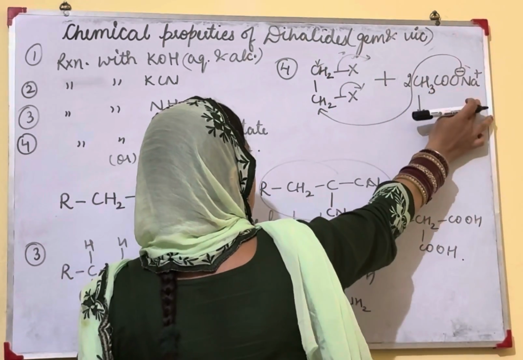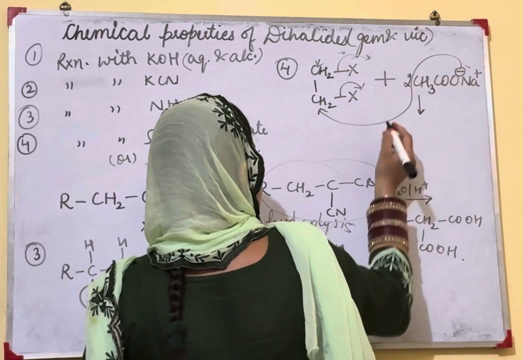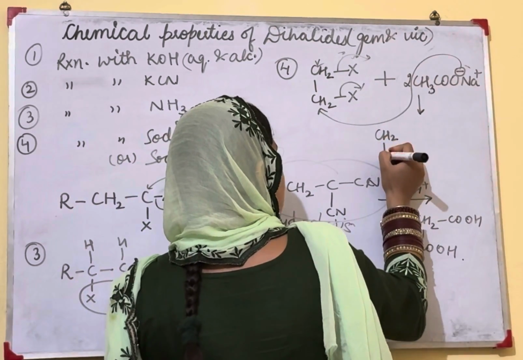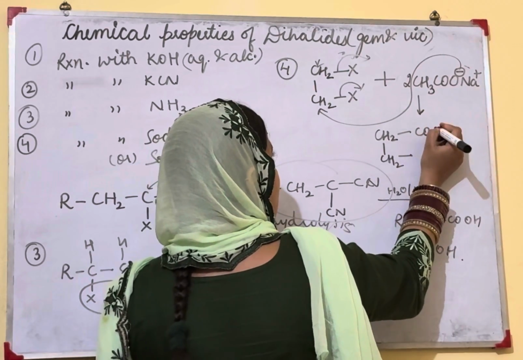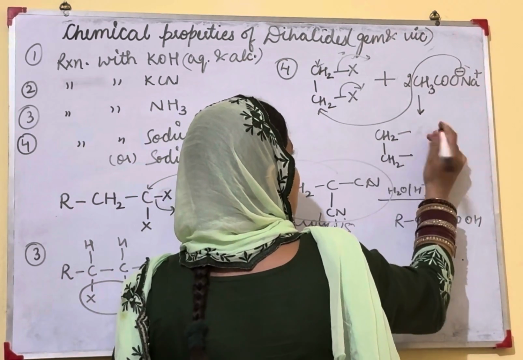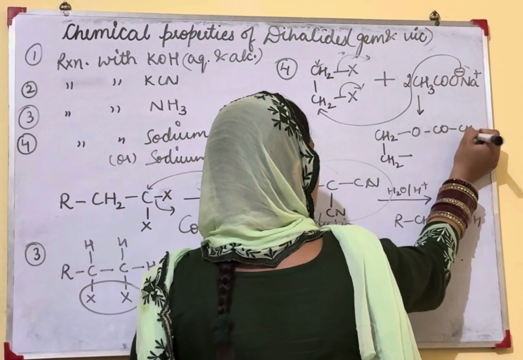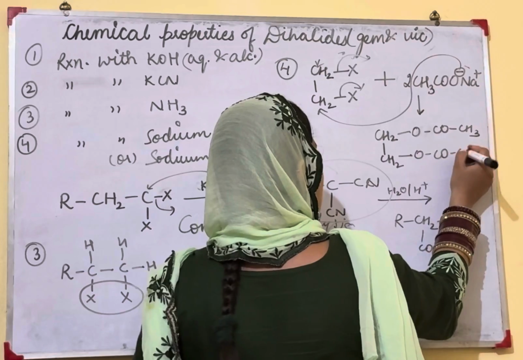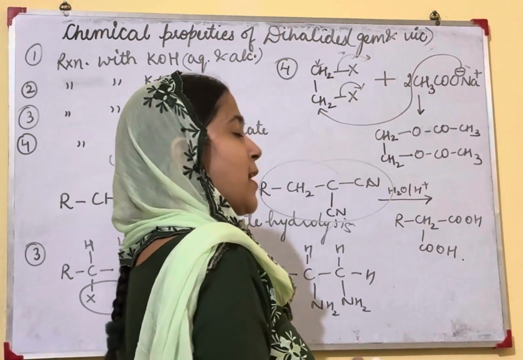This is called sodium acetate, because this group is acetate. Now what will you get? CH2 CH2. Instead of halogen, there is the attachment of this acetate group. O CO CH3, O CO CH3. This is an acetate group. So it will become a diacetate.